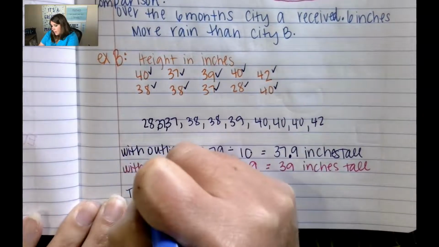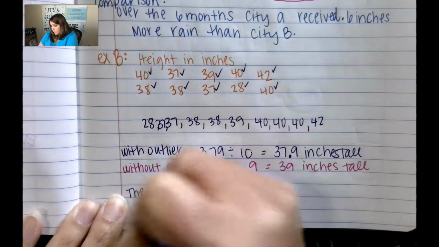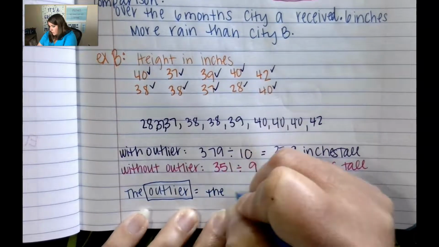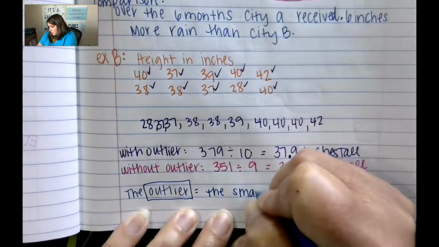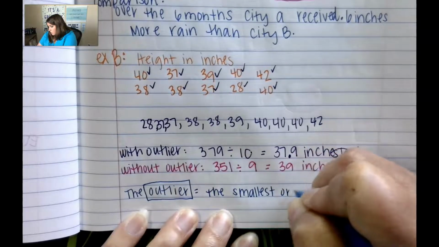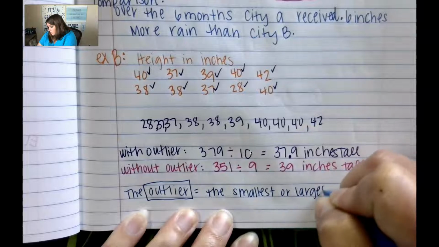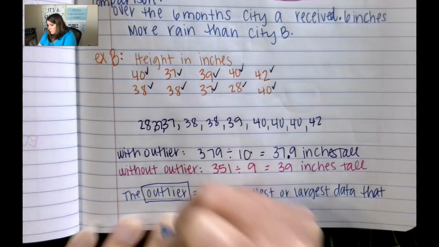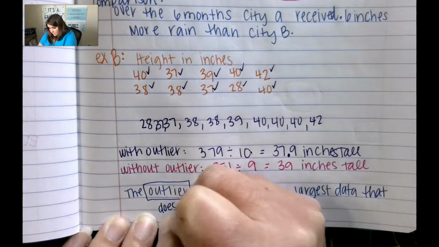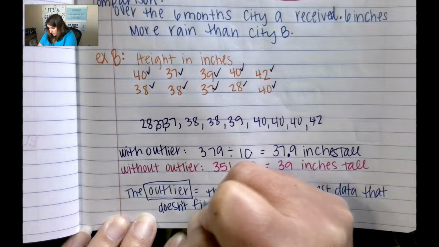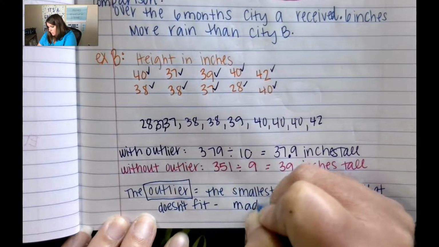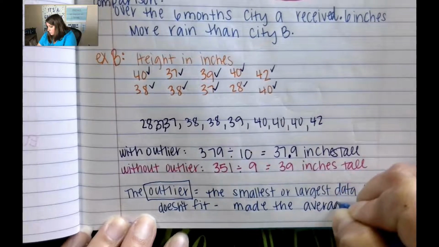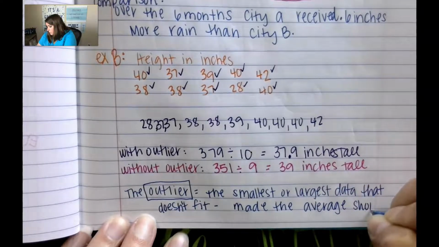So the outlier, and we're going to talk about outlier again. Outlier is the smallest or largest data that doesn't fit, made the average shorter.